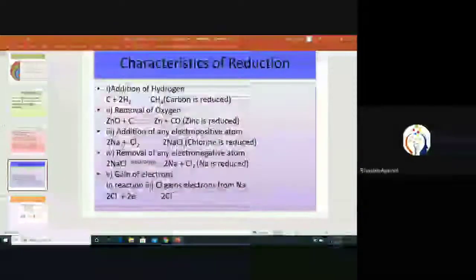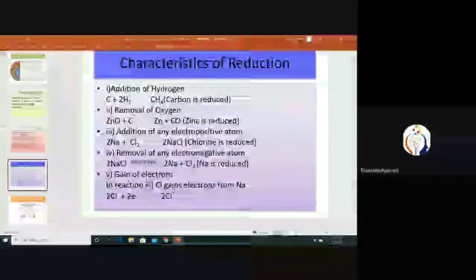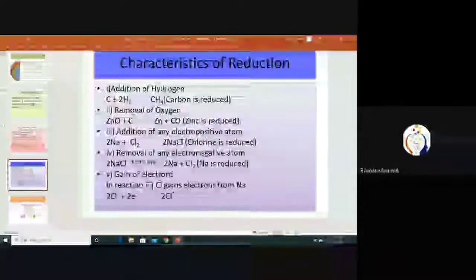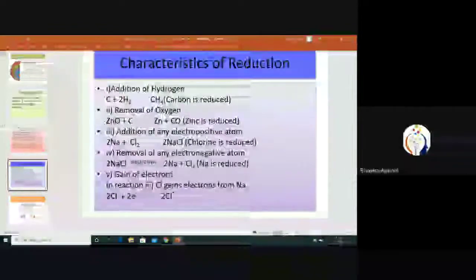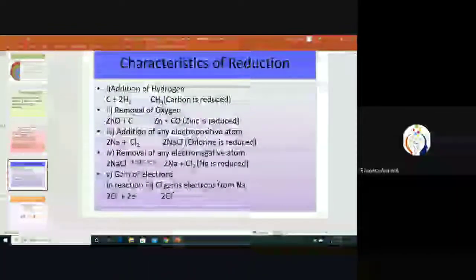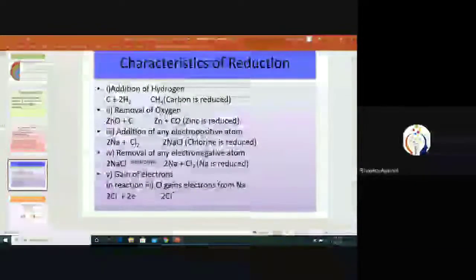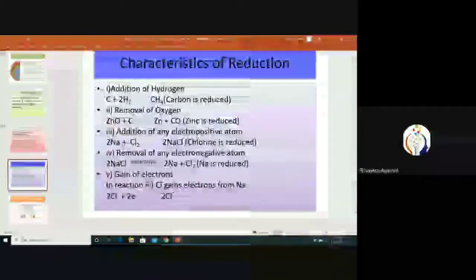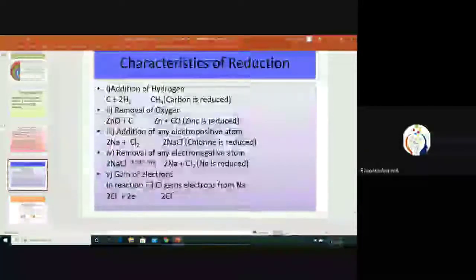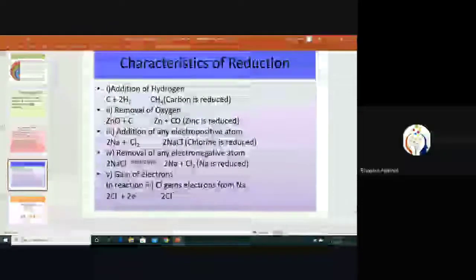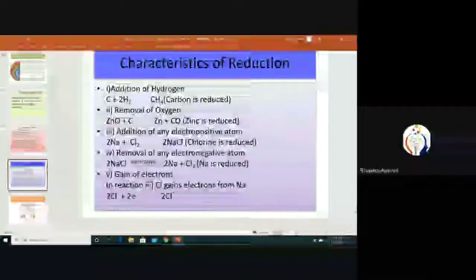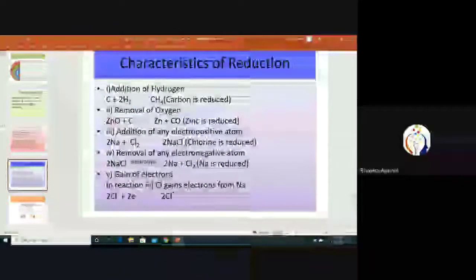While here I have mentioned that chlorine gets reduced by the addition of the electropositive sodium atom. Again, fourth example, removal of any electronegative atom. When sodium chloride is getting electrolyzed, it changes to sodium and chlorine. That means chlorine was oxidized while now sodium gets reduced.